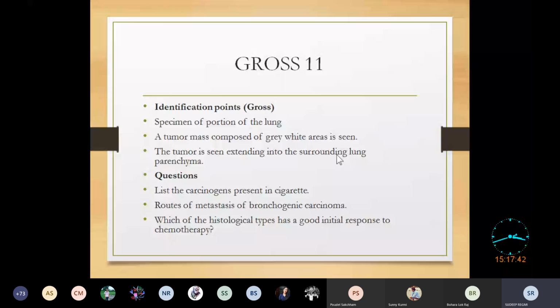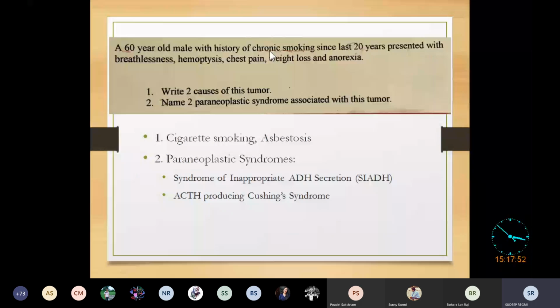For example, a 60 years old male with history of chronic smoking since last 20 years presented with breathlessness, hemoptysis, chest pain, weight loss, and anorexia. Breathlessness because the lung is involved, hemoptysis, chest pain, weight loss, anorexia. If all these features come, then it is a malignant tumor.